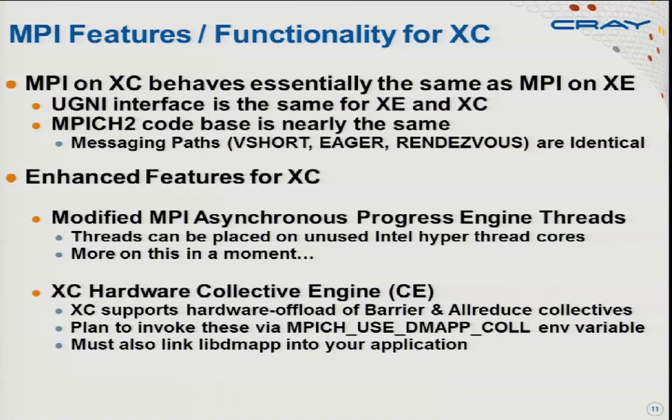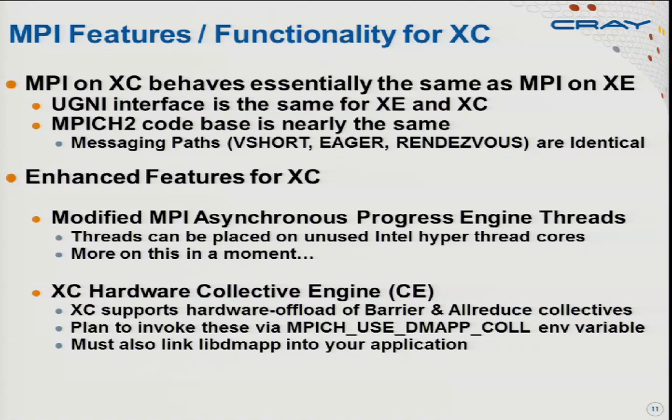The two enhancements that are noteworthy on the XC so far: one is the modified MPI asynchronous progress engine threads. This is a feature that is actually available on Rosa, but there's a twist worth noting on Cascade. Threads can be placed on unused Intel hyperthread cores. In general, the threads can be used on unused CPUs on the node.